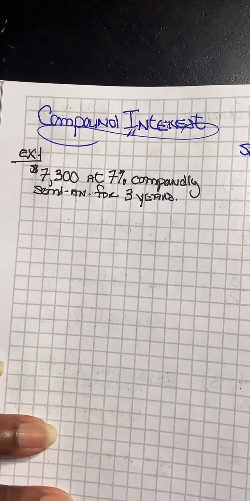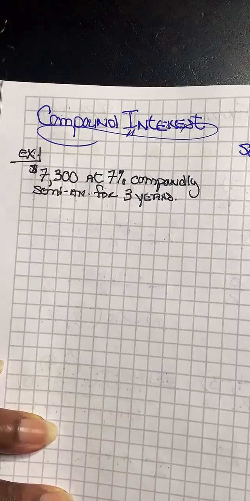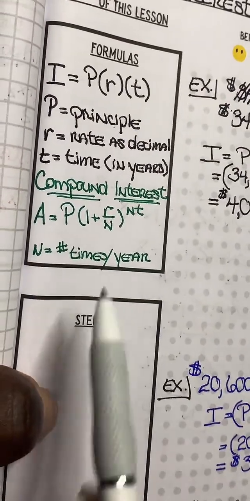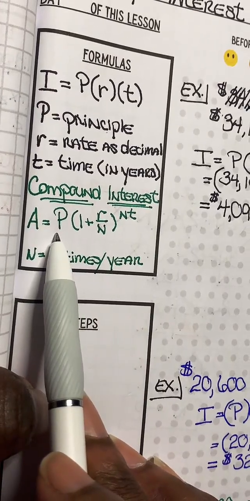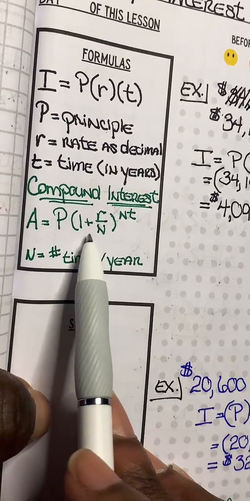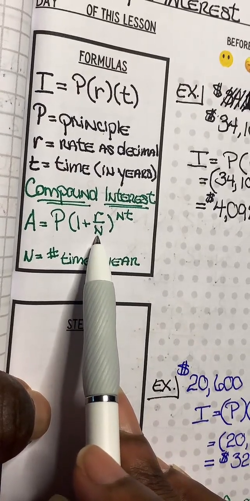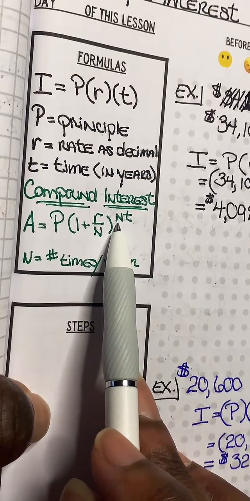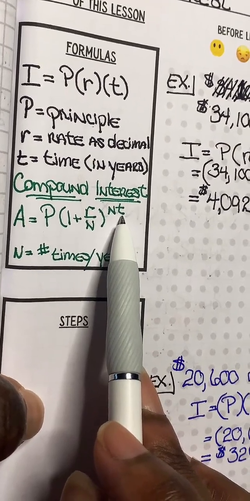Now, the formula is also going to be a little different. So when we're looking at our compound interest, let me flip over for a second. Compound interest is going to give us this formula here. We have our principal, and it's going to be 1 plus the rate over how many times it's going to happen in a year, raised to the number of times it's happening in a year times how many years, the t for the time.